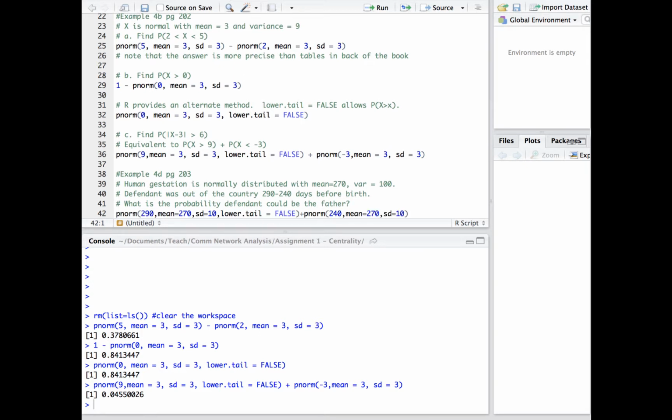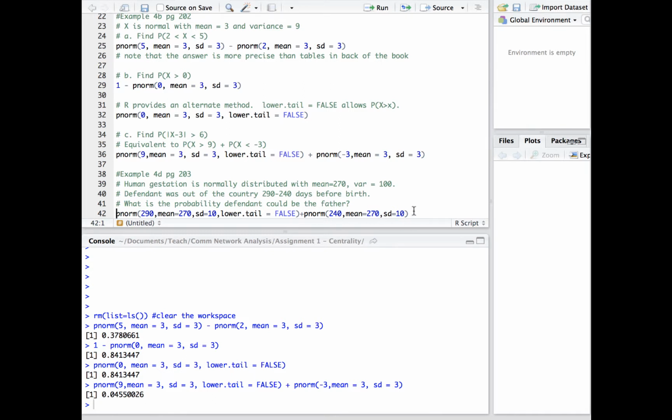Now we will use pnorm of 290. Here is the mean, 270. The standard deviation is 10, because, again, the standard deviation is the square root of the variance. And we are saying lower.tail is false. So what is the probability that we could be greater than 290, plus the probability that he could be less than 240 days?